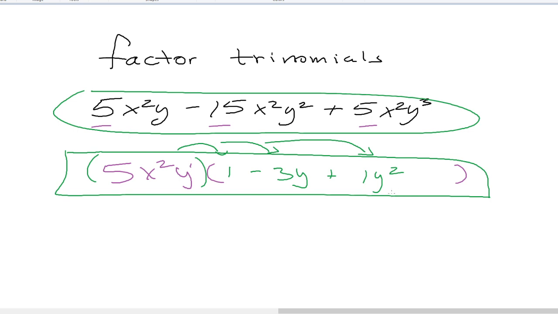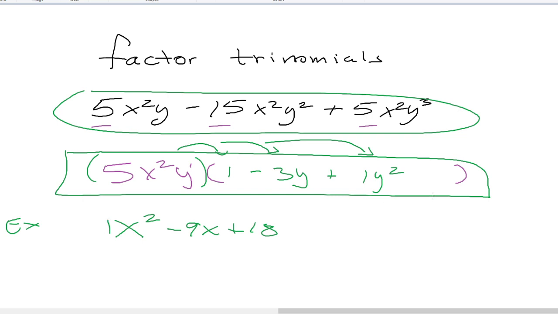All right. In this lesson, however, we need to look at trinomials when the leading coefficient is 1. So this leading coefficient here is 1.